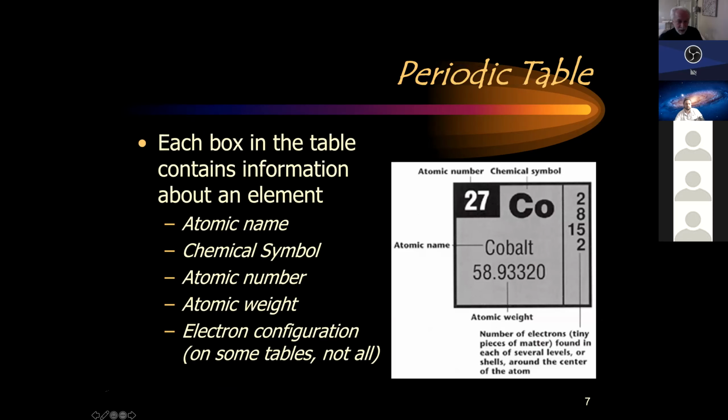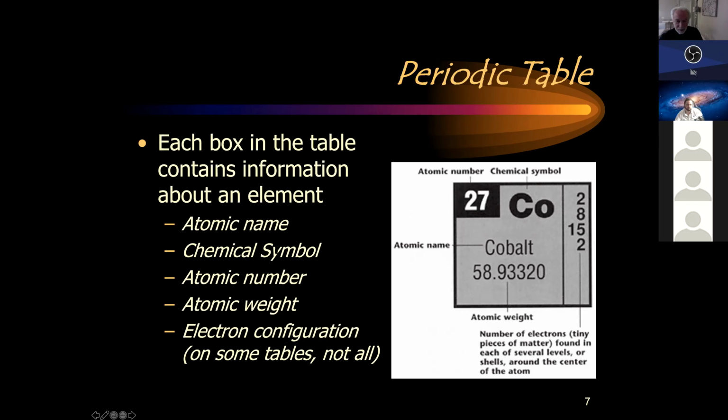Now, each of the little boxes in the periodic table has a lot of information in it about that particular substance. That's shown here. One of the designations is the atomic name. In this case, that's cobalt.